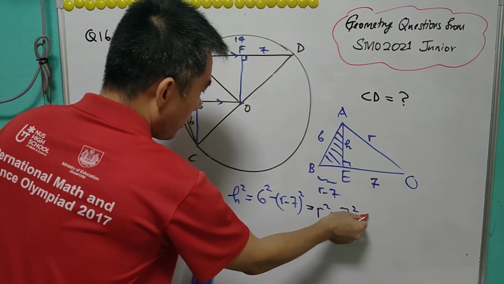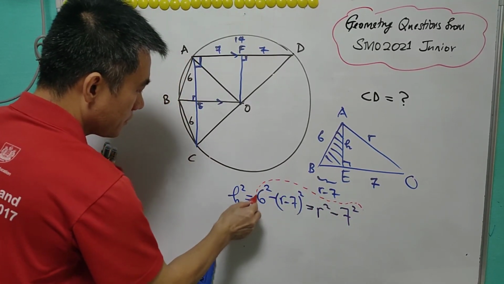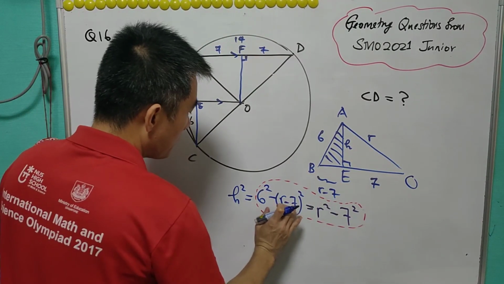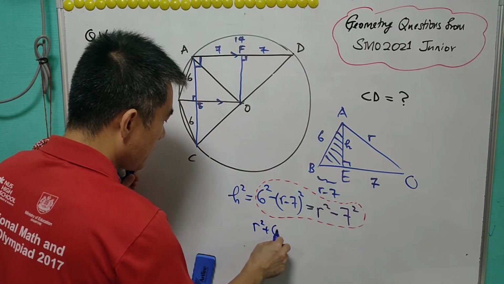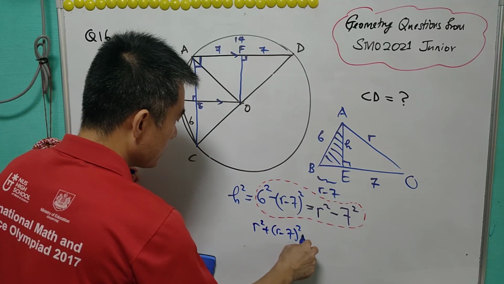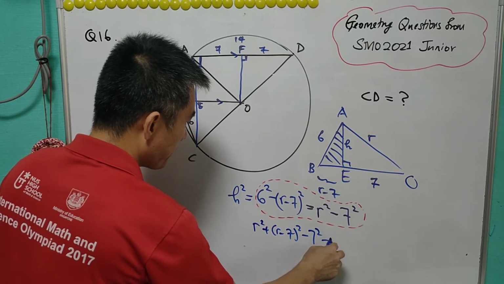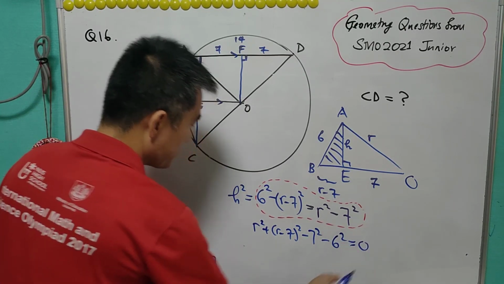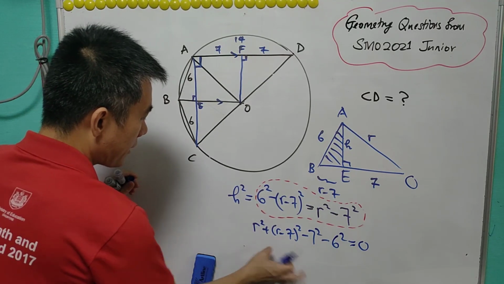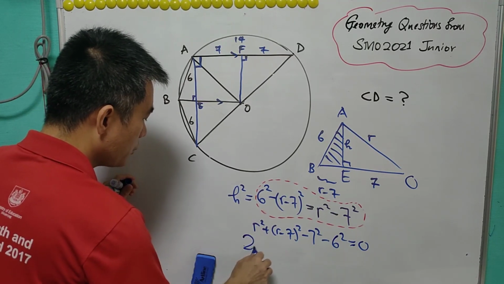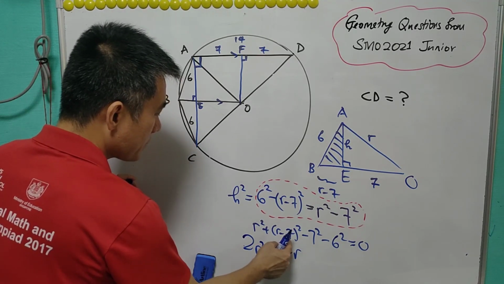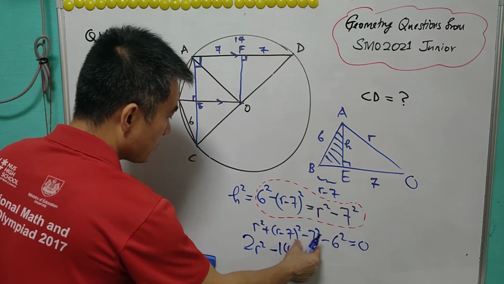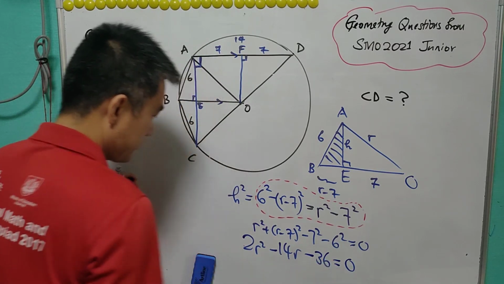Now we'll concentrate on this to get the value of r. So I'll move everything to the other side. So r squared plus (r minus 7) squared minus 7 squared minus 6 squared equals 0. After I expanded, 2r squared minus 14r plus 7 squared minus 7 squared cancel off, minus 36.